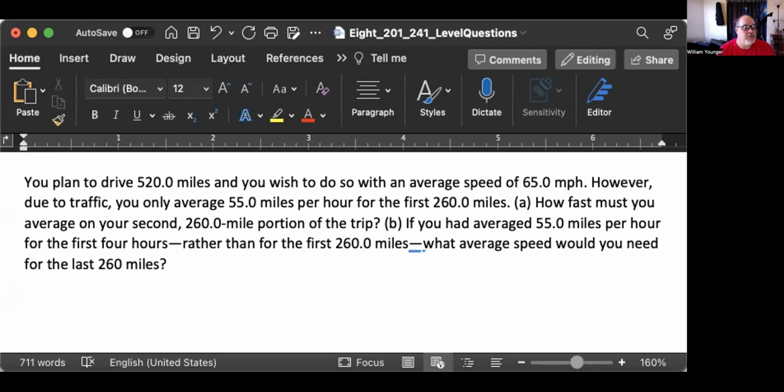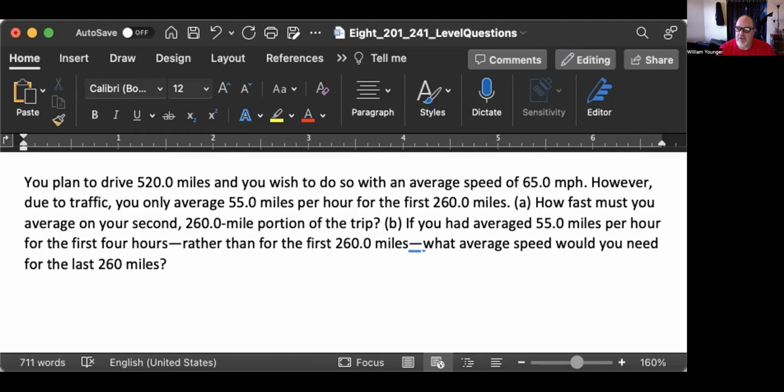A, how fast must you average on your second 260-mile portion of the trip? And B, if you had averaged 55 miles per hour for the first 4 hours rather than for the first 260 miles, what average speed would you need for the last 260 miles? So those are the two major questions.